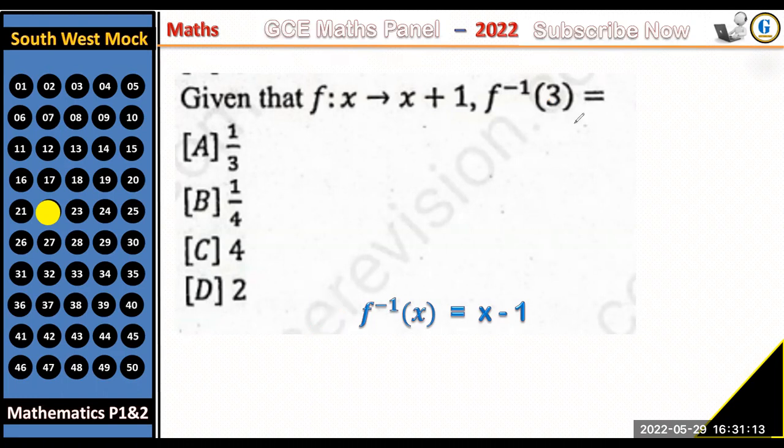So what will be F inverse of 3? We just substitute 3 here. We are going to have 3 minus 1. And that gives us 2. So our key here is D.